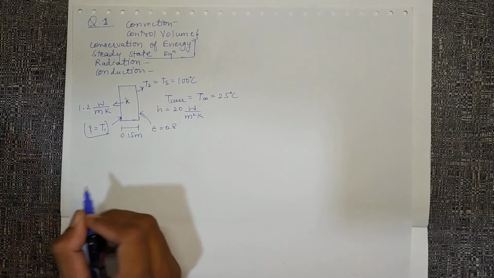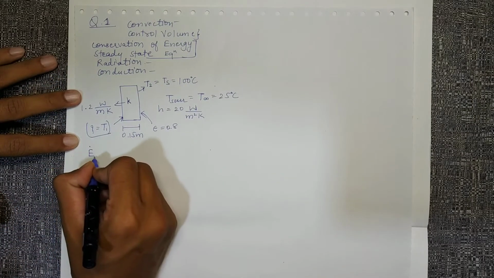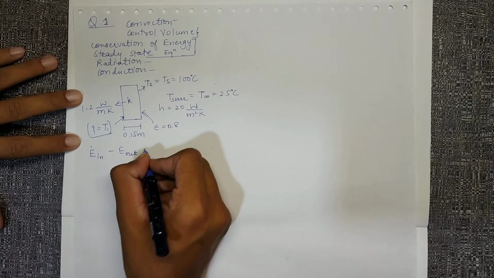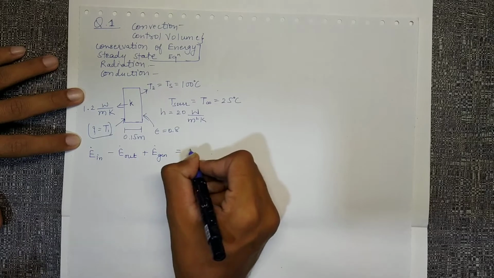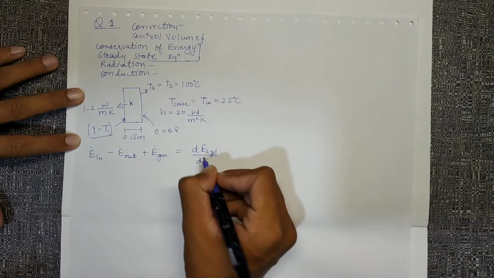So we'll start with the conservation of energy principle. Whatever energy is coming in, minus the energy which is going out, plus the energy which is generated, is equal to the change in energy of the system with time.